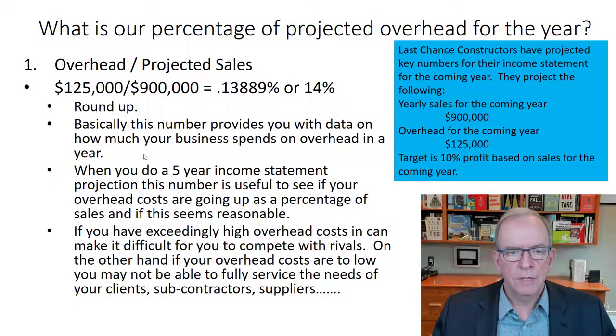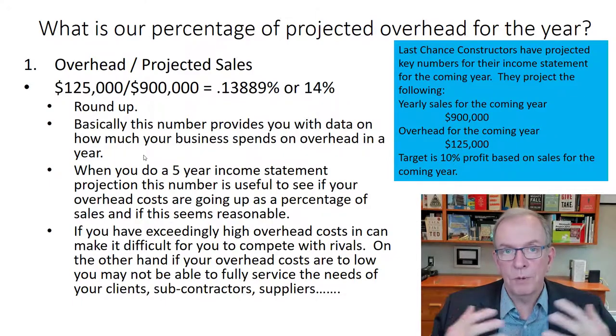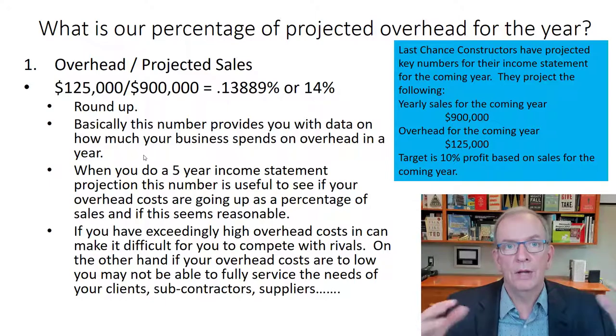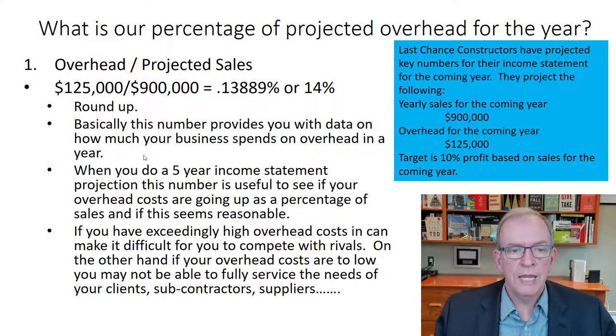Basically, this number provides you with the data of how much your business spends on overhead in a year. When you do a 5-year income statement projection, and part of this course is putting together a business plan, if you're doing a projection on the income statement, it'll be useful to see if your overhead costs are going up or going down over that period.